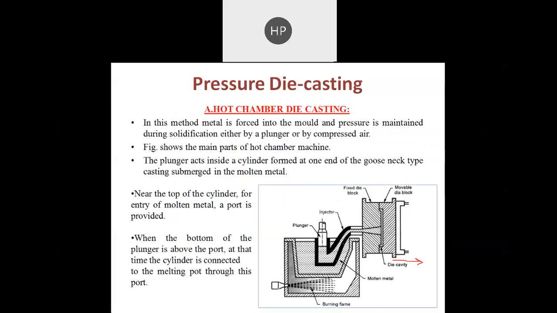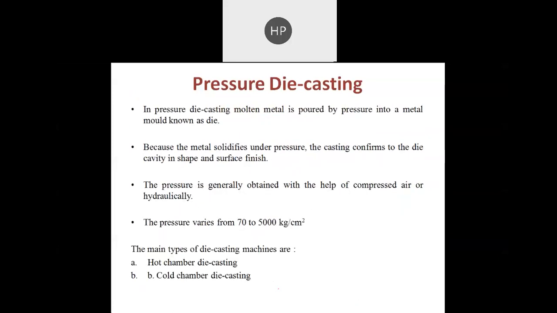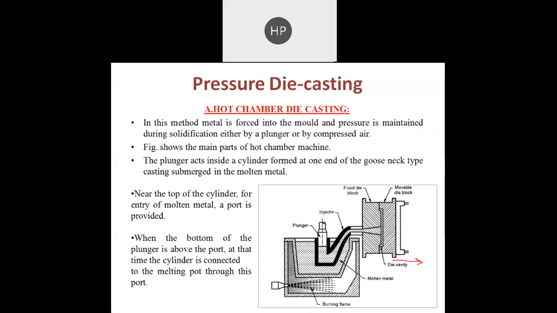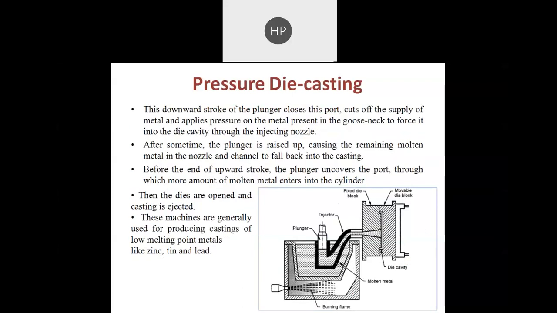So we have talked about pressure die casting, and in that we have talked about hot chamber die casting and cold chamber die casting. In hot chamber die casting, the furnace is an integral part of the machine, and it is generally useful for low melting point metals like zinc, tin and lead.